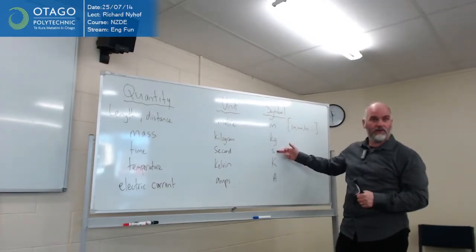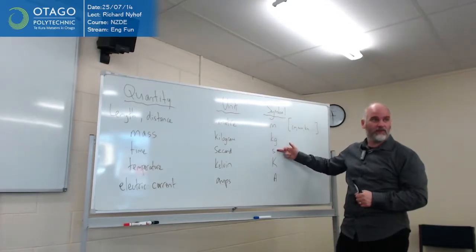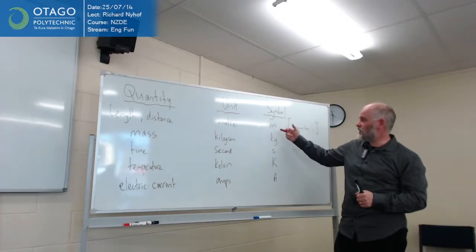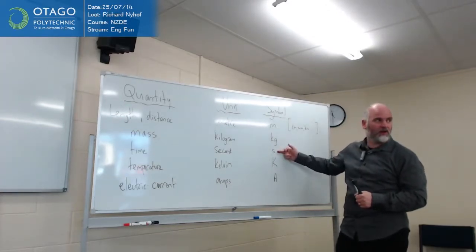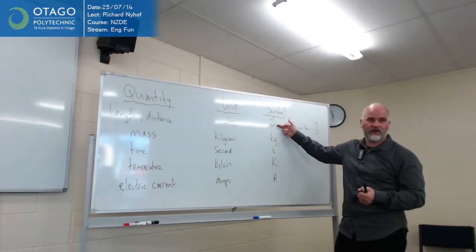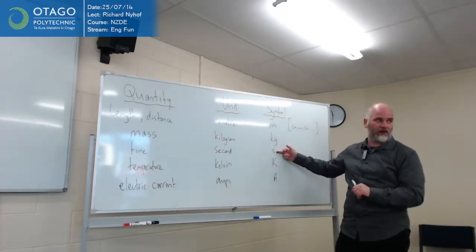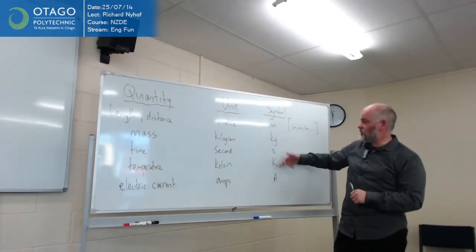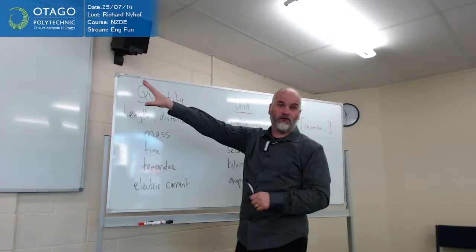We had acceleration being meters per second per second. We had joules being newtons, which are kilograms meters per second squared, times another meter to make it into joules. And then per second, so divided by another second to make it into watts. So all those things are made up out of these guys. So base units, derived units is what they're called.